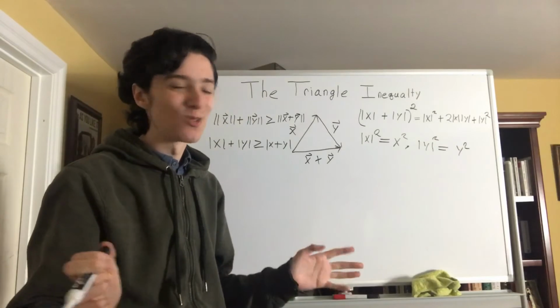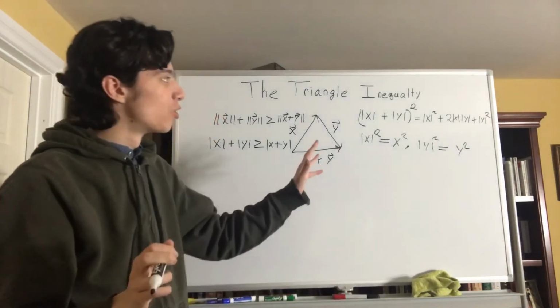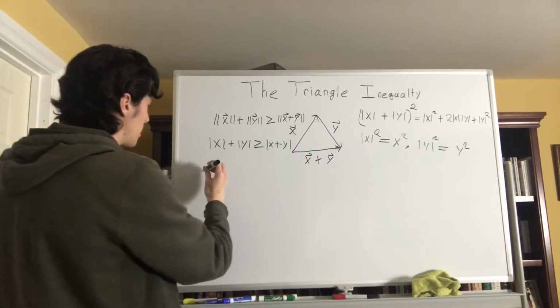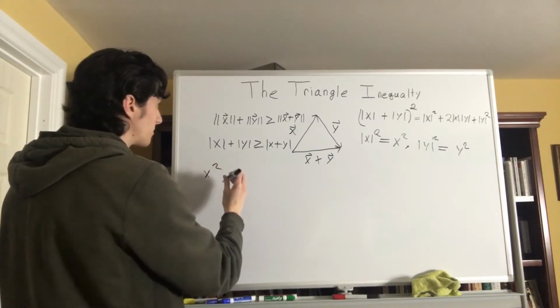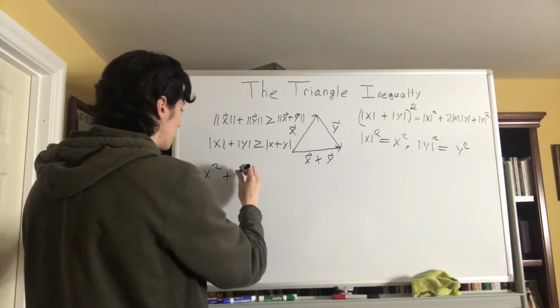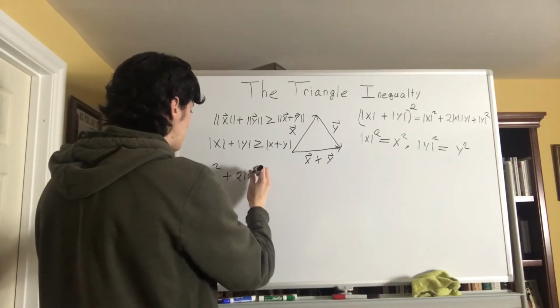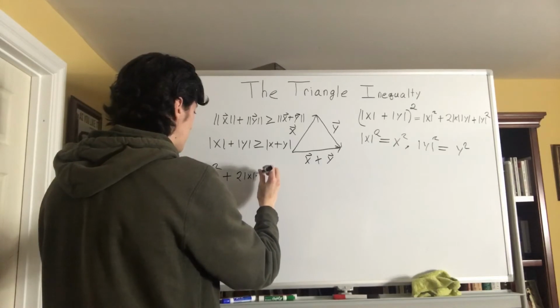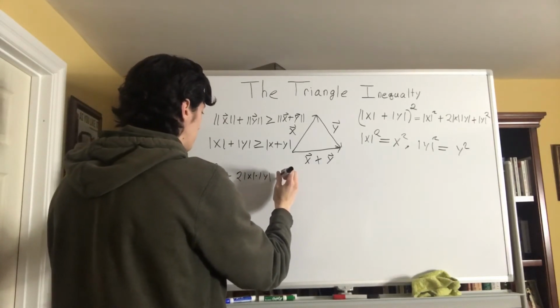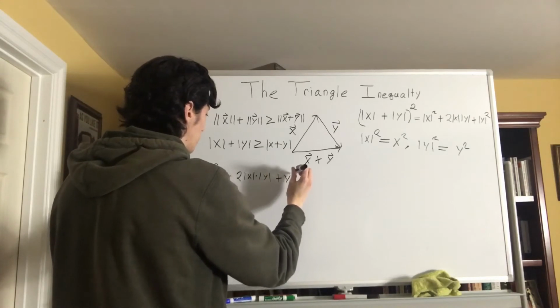So now we have x squared plus 2 times the absolute value of x times the absolute value of y plus y squared.